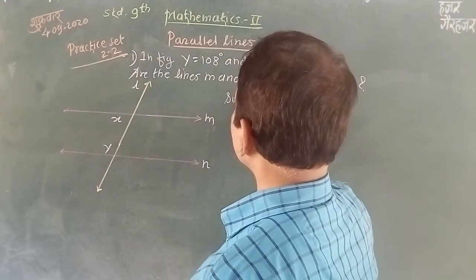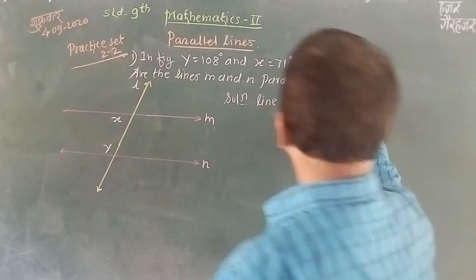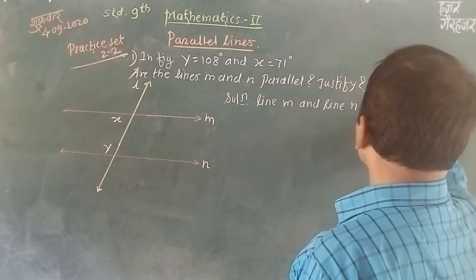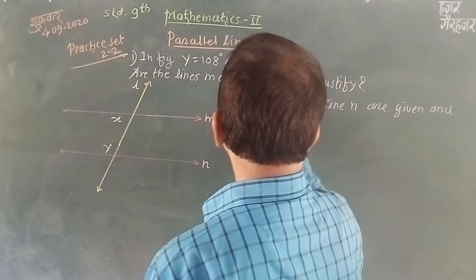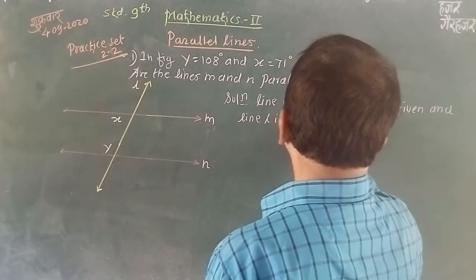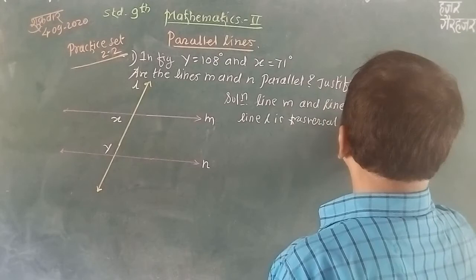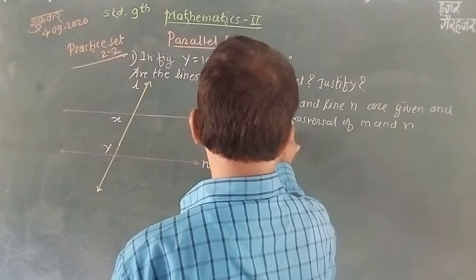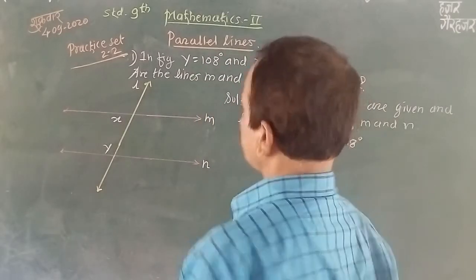Solution: line m and line n are given, and line l is a transversal of m and n. x is equal to 71 degrees and y is equal to 108 degrees.